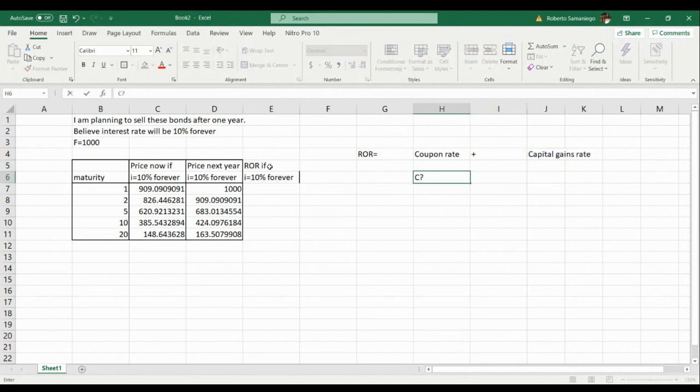The coupon rate is any coupon divided by the price for which I bought the bond. The capital gains rate is the price at which I sold the bond minus the price at which I bought it, right? Any increase in the price between me buying it and selling it contributes to my return, scaled by the price at which I bought it.